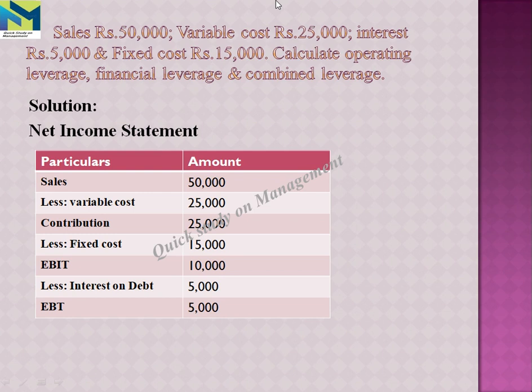Then we subtract the fixed cost, that is 15,000, and then we get the value of EBIT, that is earnings before interest and tax, rupees 10,000, and we subtract the interest on debentures, 5,000, and we get the value of EBT, that is earnings before tax.